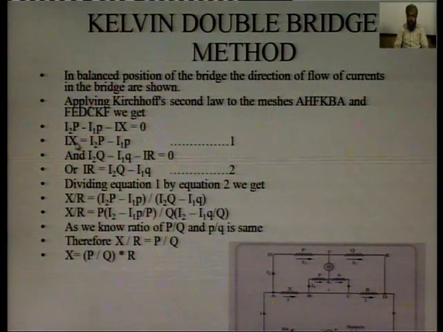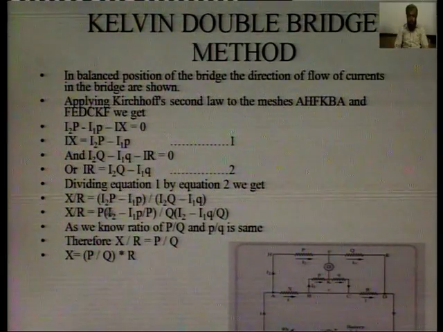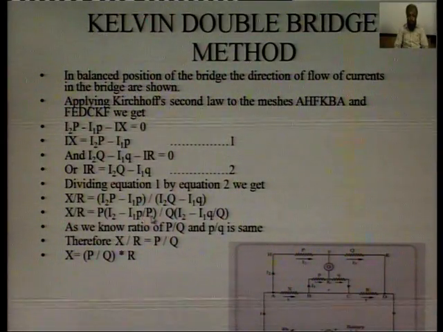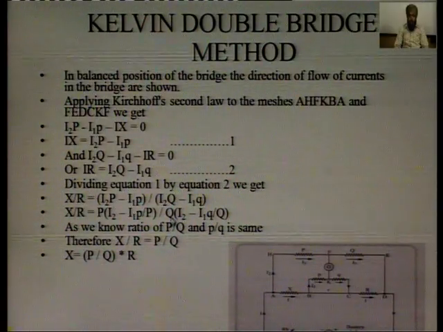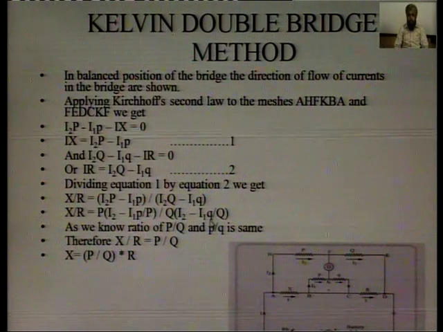So if we divide equation 1 by 2, we get the ratio of x by R: I2P minus I1 small p divided by I2Q minus I1 small q. Taking P common from the numerator, we get P times (I2 minus I1 small p by P), and in the denominator, taking Q common, Q times (I2 minus I1 small q by Q).